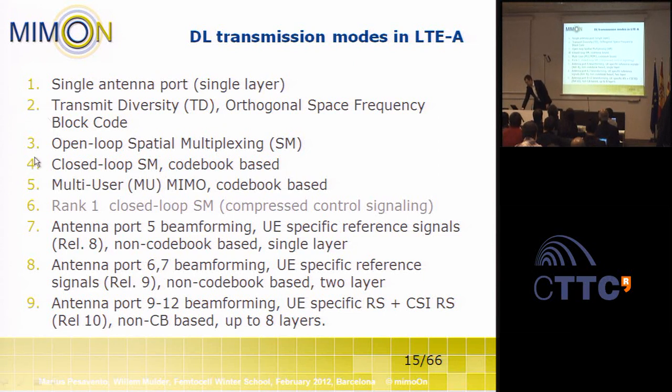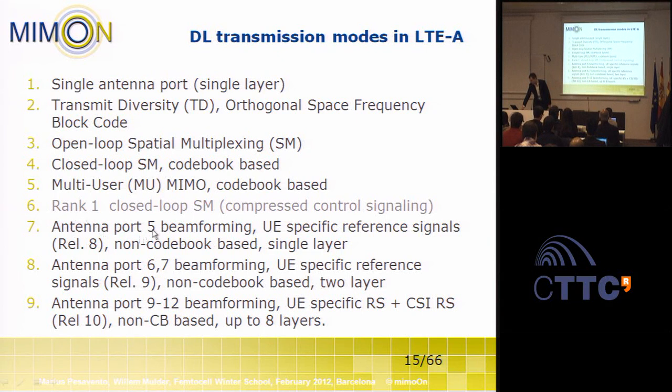Then we have closed loop spatial multiplexing, where there is some feedback from the receiver to the transmitter, and this feedback basically consists of codebook-based precoder selections. In mode 5 this is extended to multi-user MIMO, where up to 2 users can transmit simultaneously.